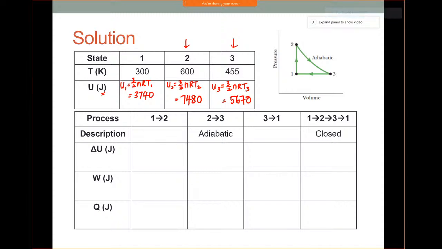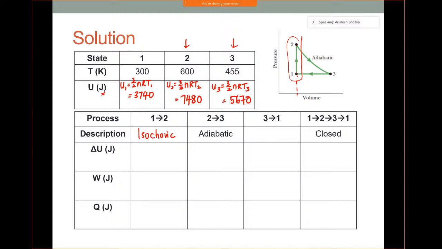Okay, so let's move on to complete the table of first law of thermodynamics. So from process 1 to 2, what is this process? Static. Correct, because 1 to 2 is constant volume.